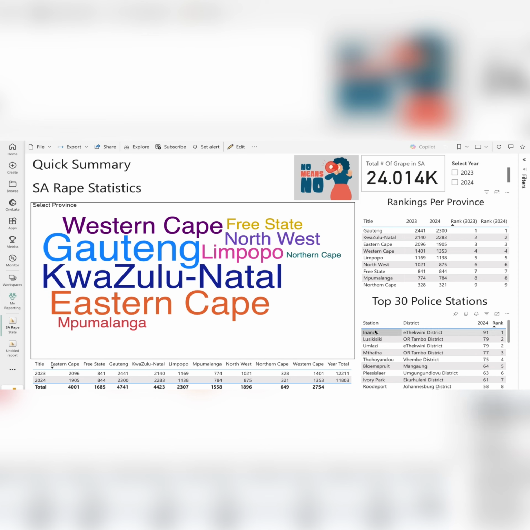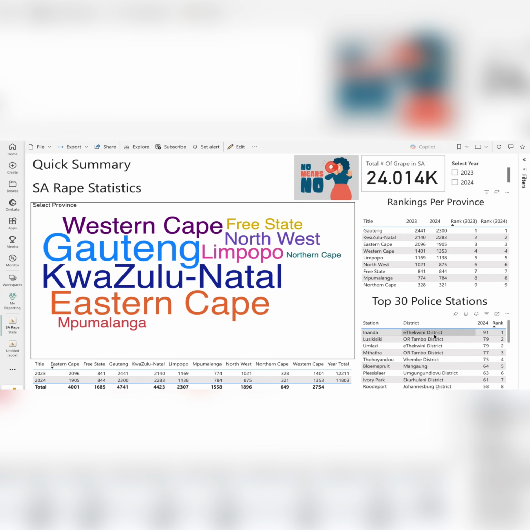So we have the station, the district the station is from, the year. So we're basically looking at the year 2024, and then we're looking at that station's rank in 2024. So here, for instance, you've got Inanda.